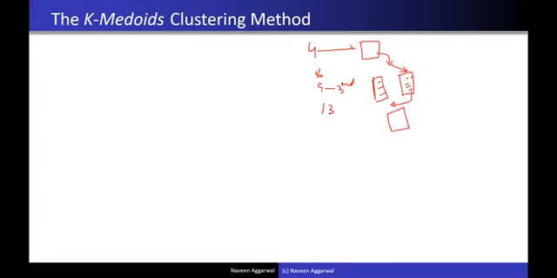And after creating as many clusters as your criteria requires, even after that, whatever values are there in the clusters are not final values. You need to keep on iterating until these clusters are satisfied.